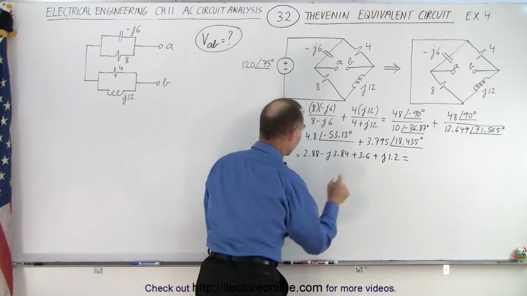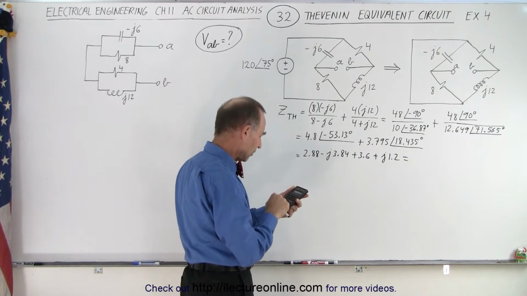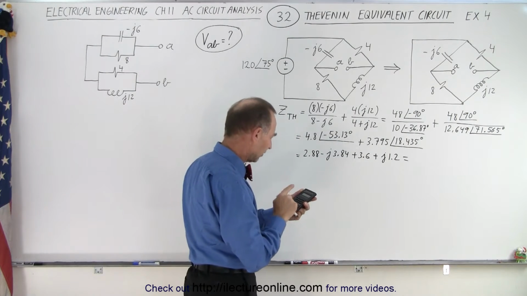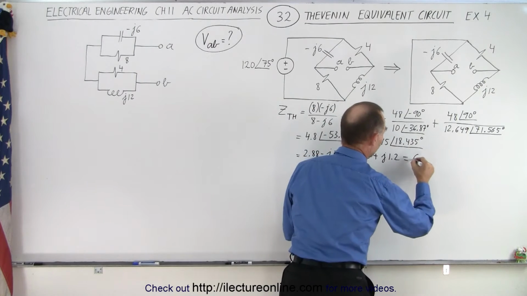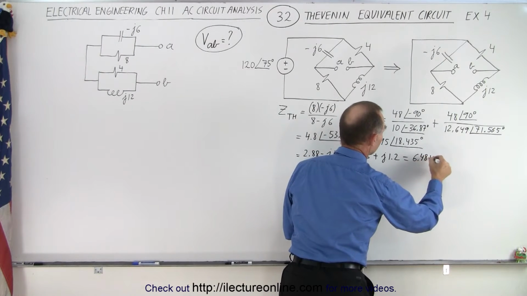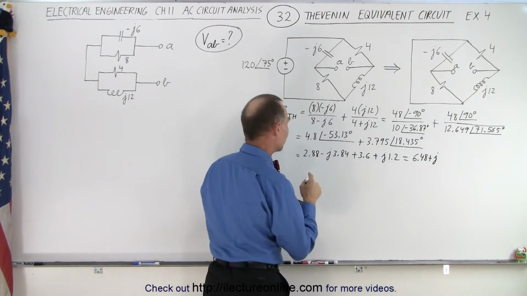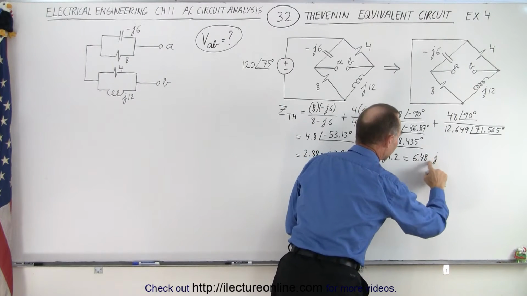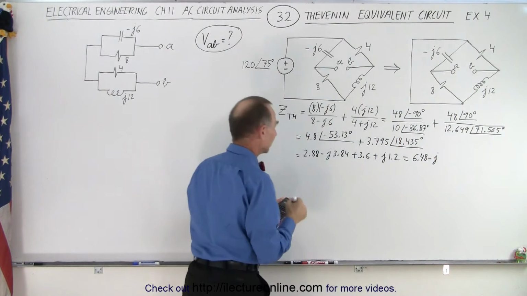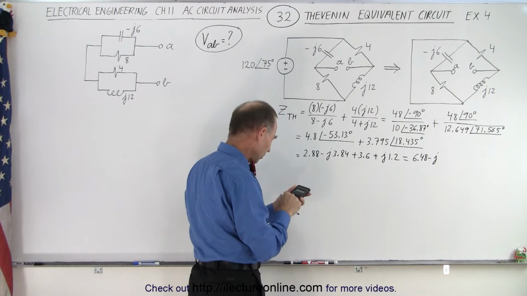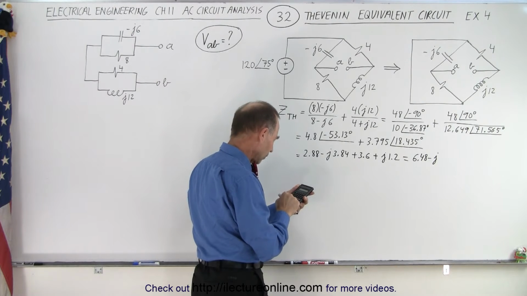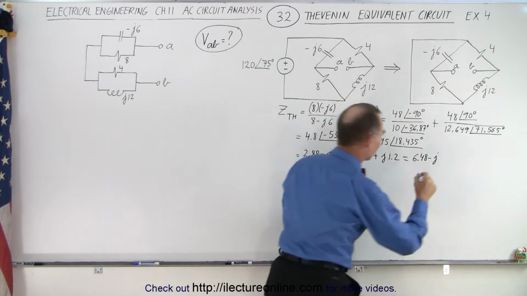Now when we combine the real parts, we have 2.88 plus 3.6, that's 6.48. And then the imaginary parts, it's going to be minus. The negative part is bigger than the positive part. So we have 1.2 minus 3.84. That's a minus 2.64.